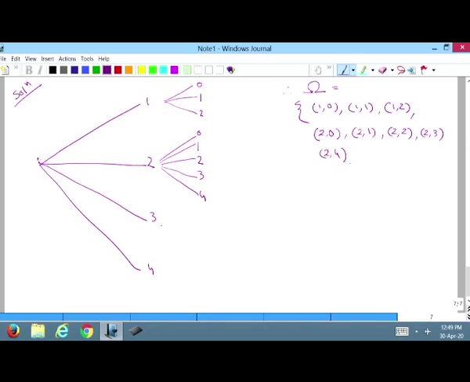In a similar way, if we go from 3, we will get 3 0, 3 1 up to 3 6.